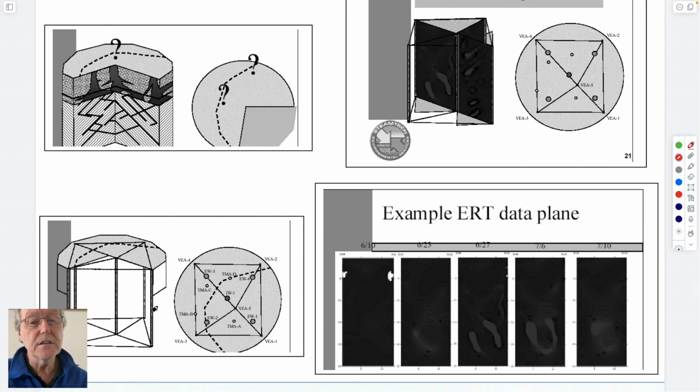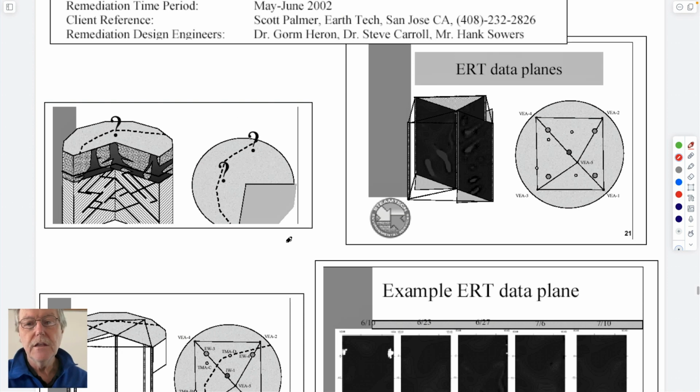And so one way to monitor that would be to do the remediation by injecting steam, but also have electrodes or sequences of electrodes in the ground that are placed along maybe a well bore at different locations. Maybe well bores on two sides of the contaminated site. And then you measure electrical resistivity between each of the two pairs in sequence.